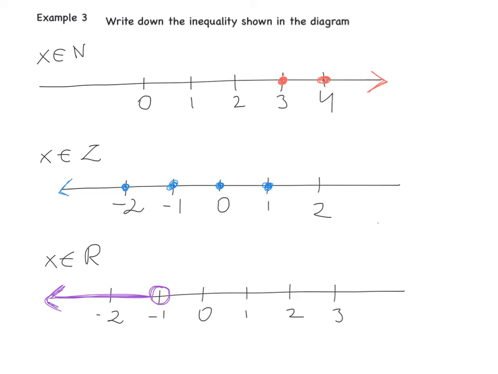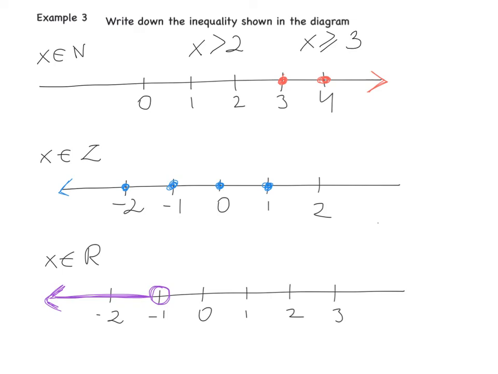So I've marked numbers greater than 3, and equals 3 as well, or we can say greater than 2. So we can actually write down x is greater than 2, or we can also say x is greater or equal 3, and both are correct.